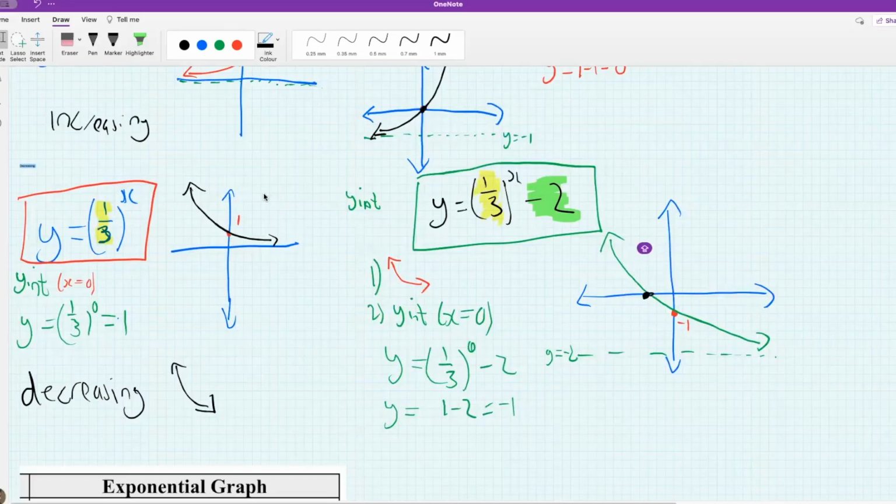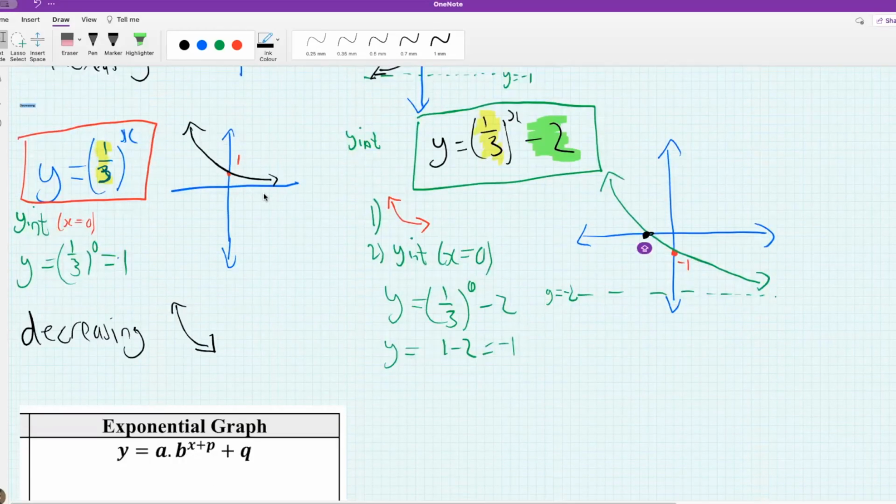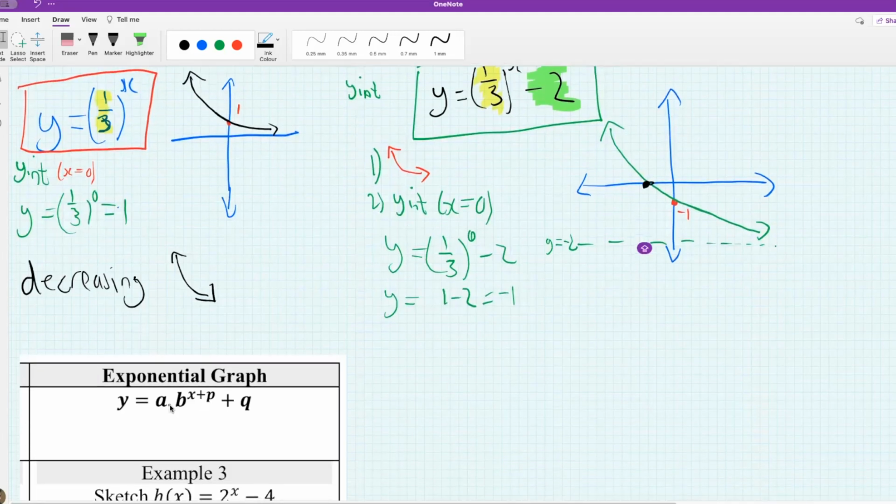So the standard form for an exponential graph is this thing over here at the bottom. And what we found so far from the example is that this value over here is the asymptote. And then everything else, this value over here affects the shape, whether it's increasing or decreasing. And then the other stuff is going to do various other shifts.